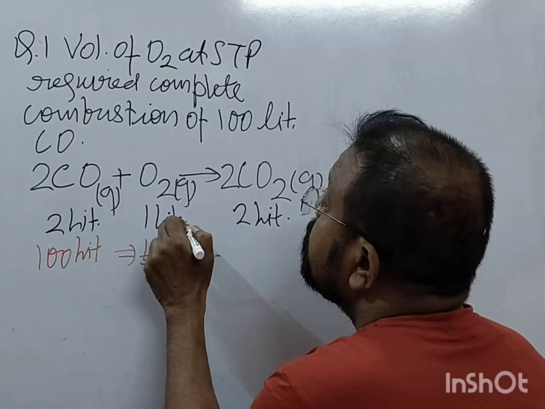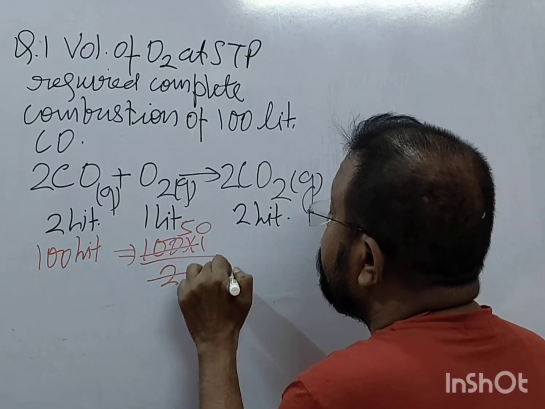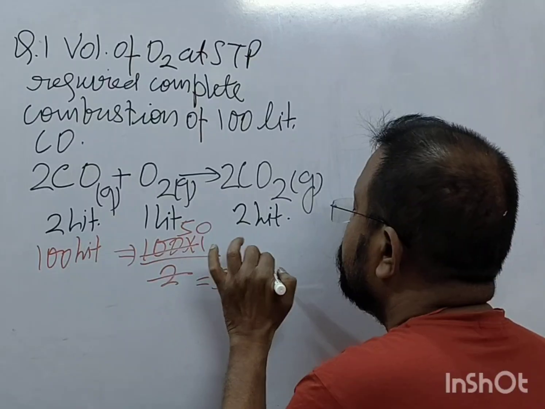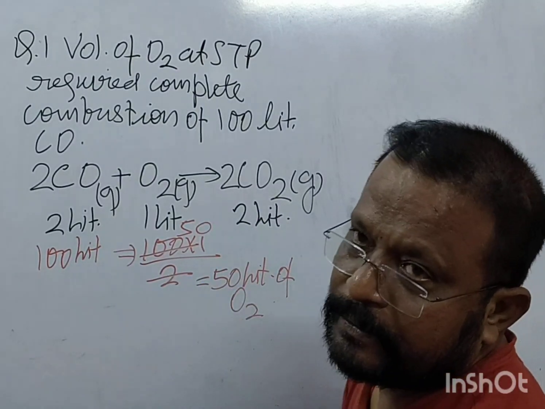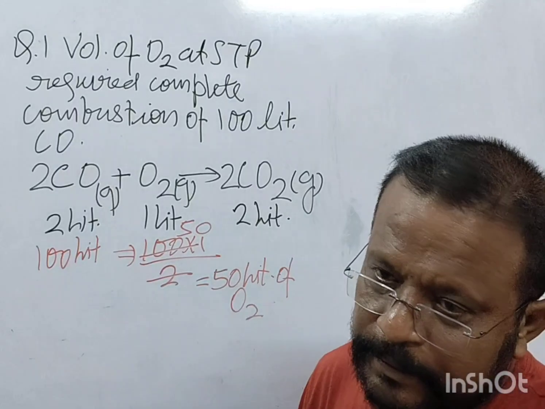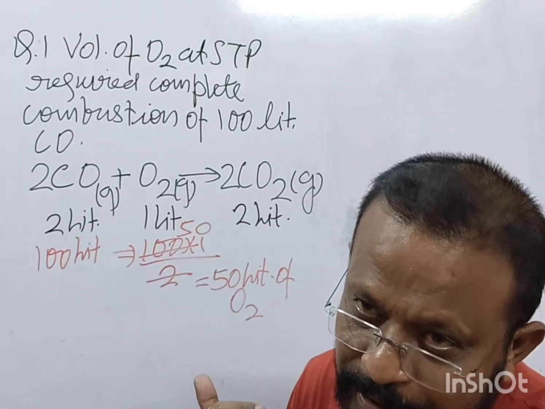It becomes 50. So you need 50 liters of oxygen. What is your answer? 50. This is a question of Gay-Lussac's law, I hope.